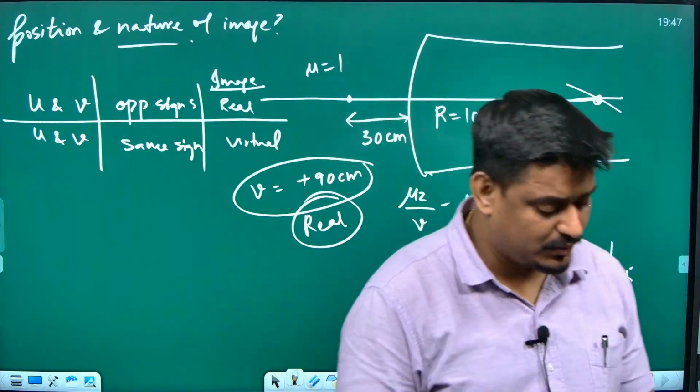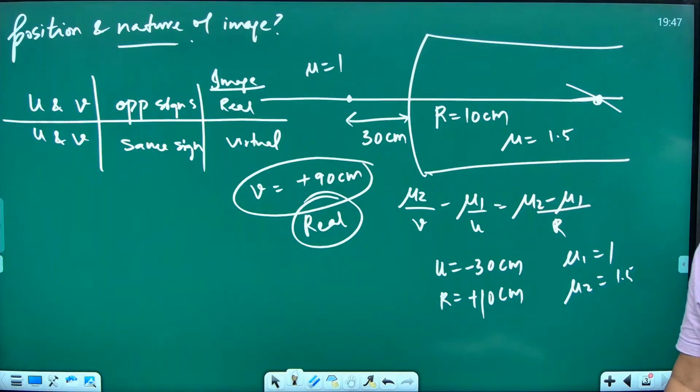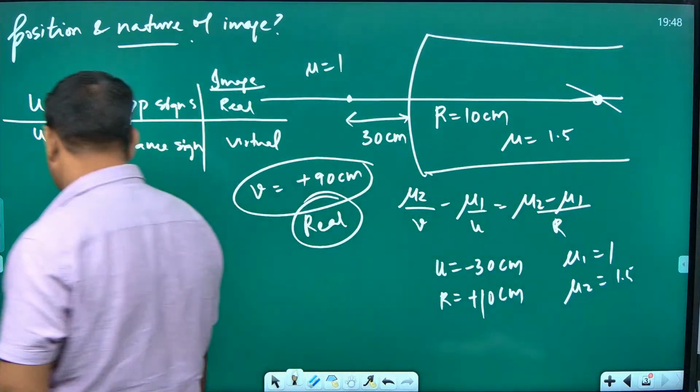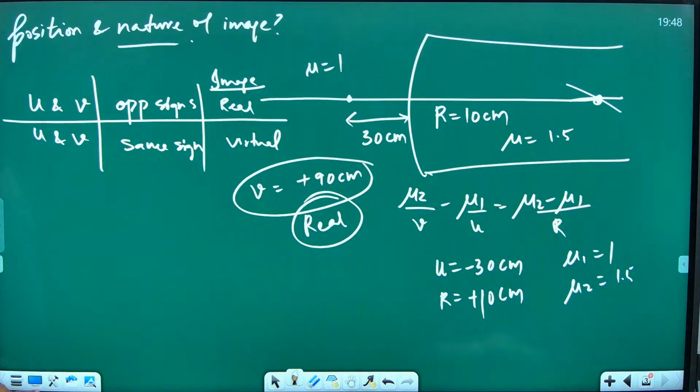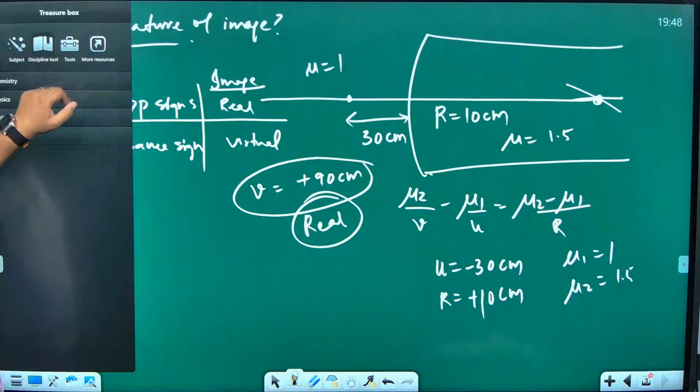I'll draw a diagram now. Where does it appear to the observer outside the sphere?